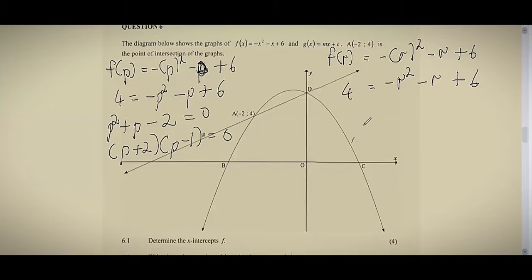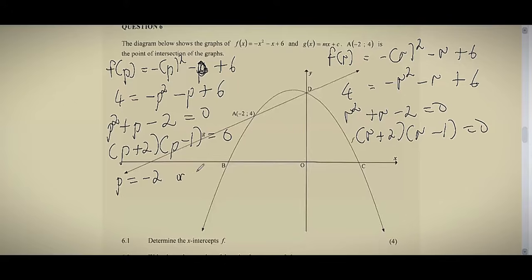And then for this one, this would end up being r squared plus r, and then 4 minus 6, that's minus 2. Then this will give me r plus 2 and then r minus 1 is equal to 0. So my p is equal to -2, or my p is equal to 1. And then I have my r is equal to -2, or my r is equal to 1.